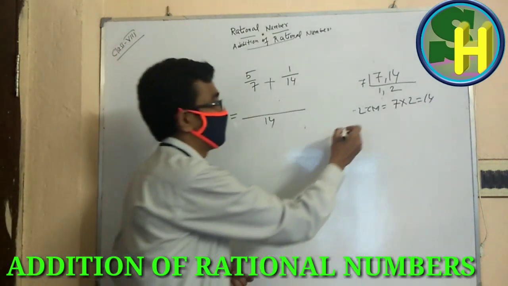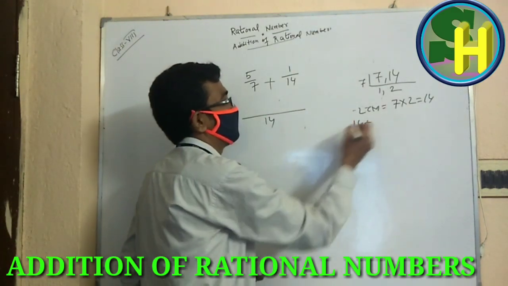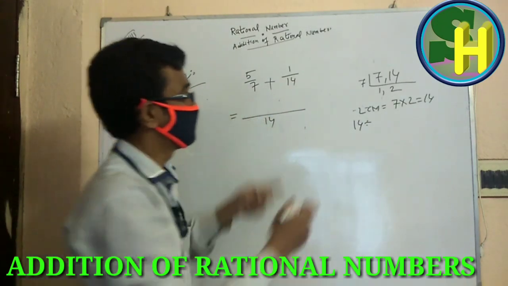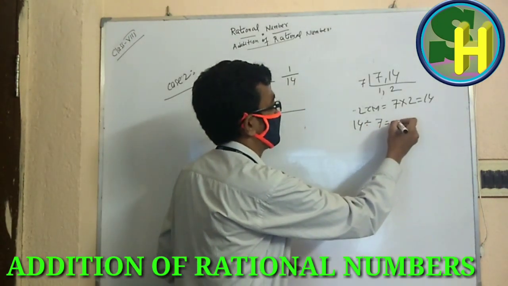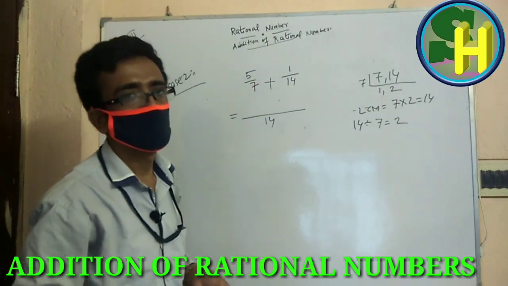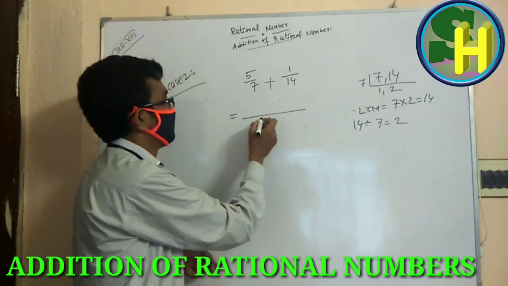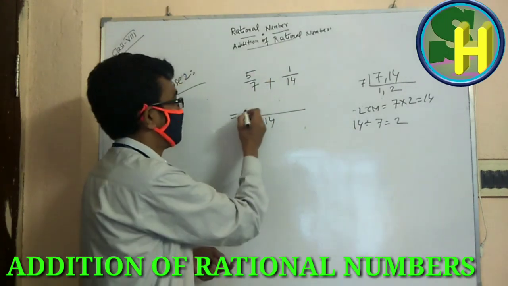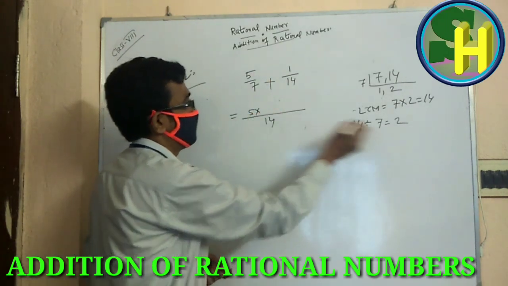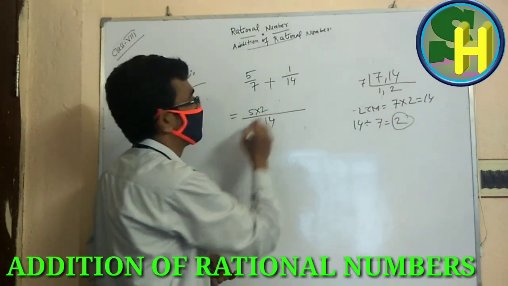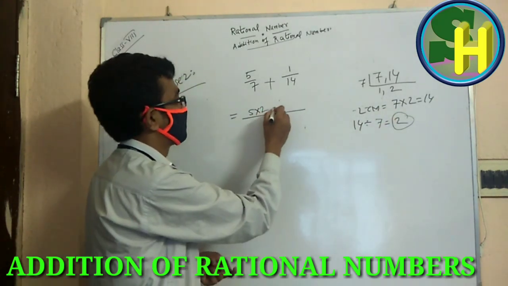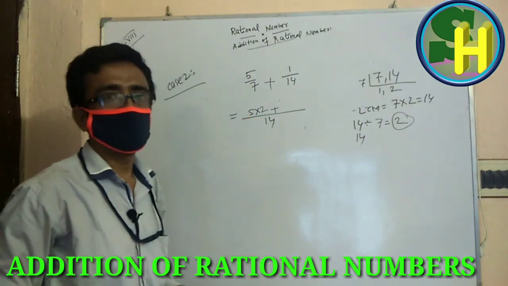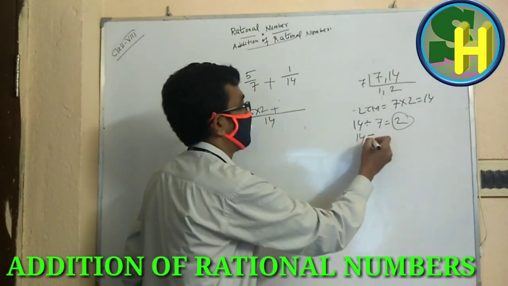Always divide the LCM by the respective denominator. Here 14 divided by 7 is 2. Then this value, 5, will be multiplied by 2, plus. Always divide the LCM by the denominator.